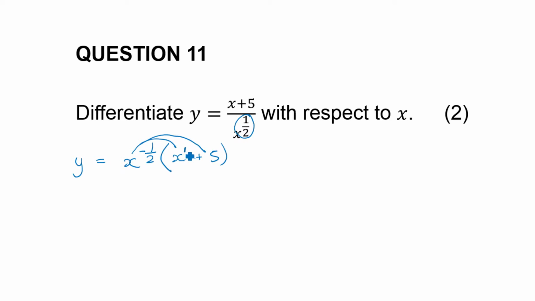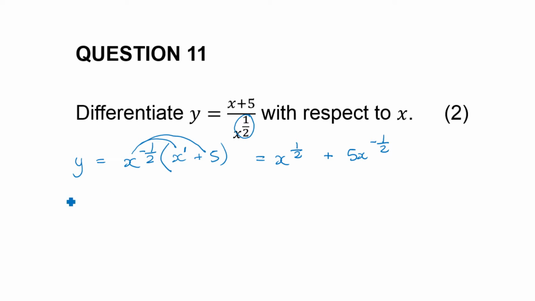There's a little 1 over here. And when you multiply in, Nelson, what is it going to be? That is half, because minus half plus 1. I'm adding the exponents when you multiply. And you're going to have plus 5x to the power of minus 1 over 2. Okay. Now we have y, so now we can actually differentiate.